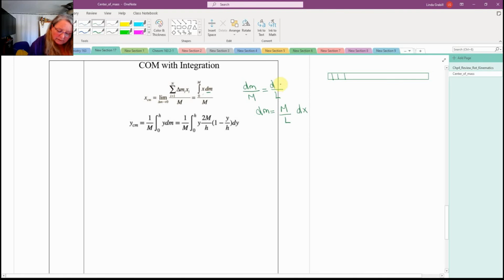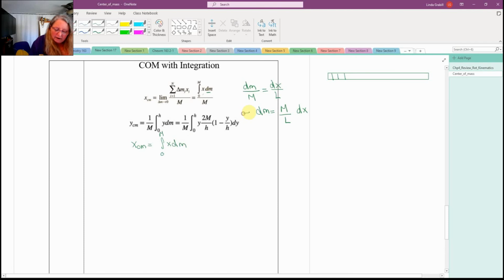We have this thing. And now the dog's going to start barking, because that's what they always do for me. So if I come here and I say, okay, for my x center of mass, what am I looking at? I'm looking at this integral from 0 to the total mass of the little distance away that it is times dm.